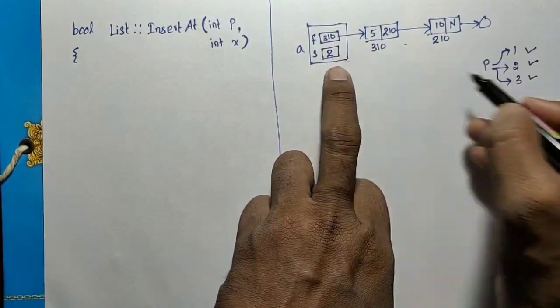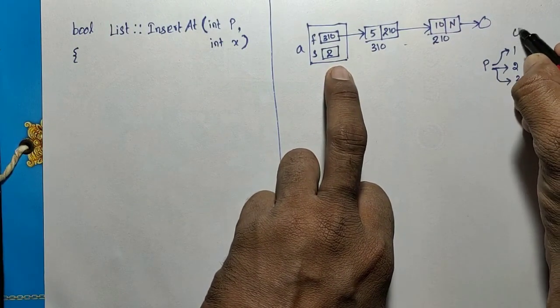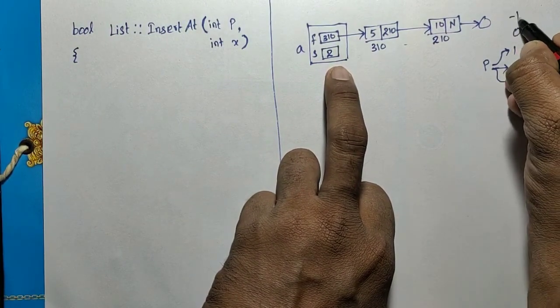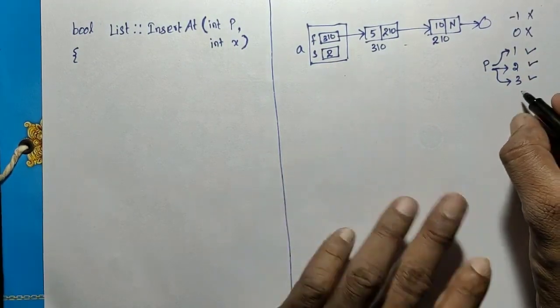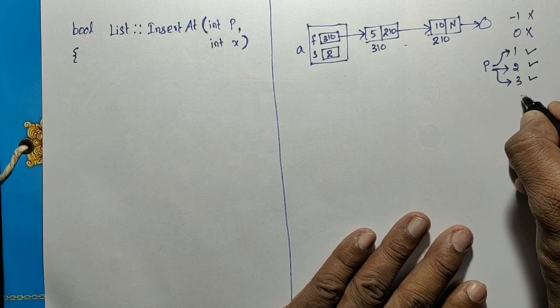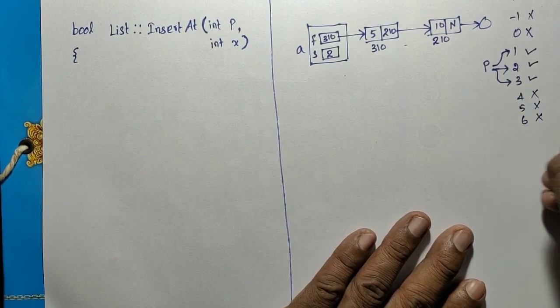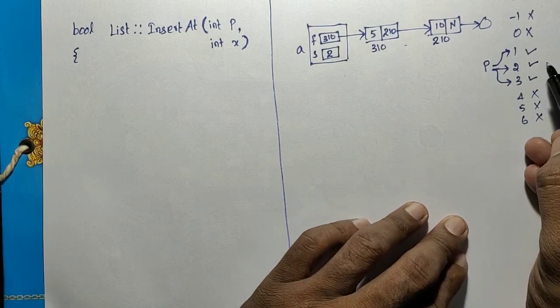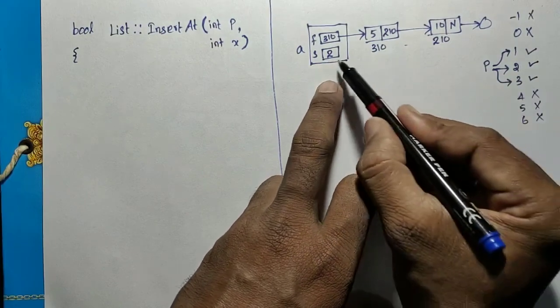If the size equals 2, it may go up to 3. If p equals 0 it is invalid, or minus 1 is invalid. If you go on this side it is an invalid index. If it goes beyond 3, that is 4 or 5 or 6, that is also invalid. So the valid positions for p are 1, 2 and then 3, depending on the size.